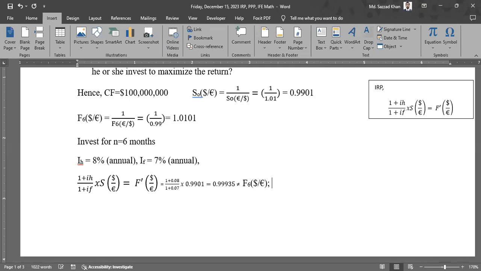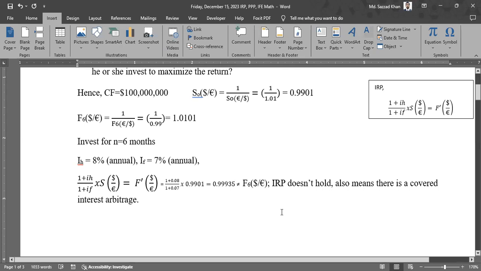Therefore, IRP doesn't hold, which also means there is a covered interest arbitrage. Okay.